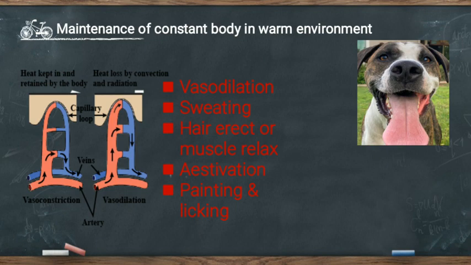In vasodilation, we have blood vessels. The blood vessels that are near the skin are referred to as superficial blood vessels. Now, when the blood is too warm, remember it is the hypothalamus, a message is sent and the superficial blood vessels dilate so that much of the warm blood can pass close to the skin.